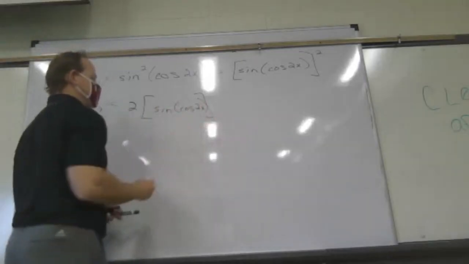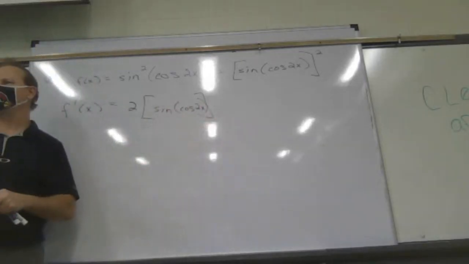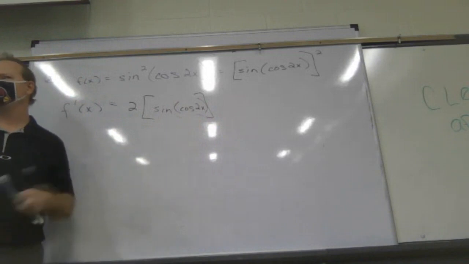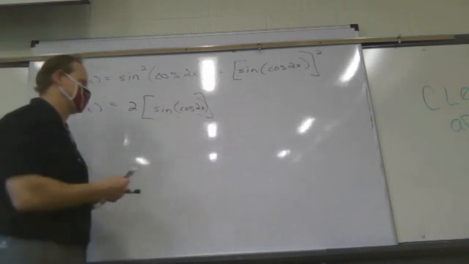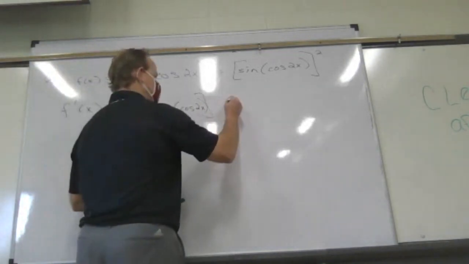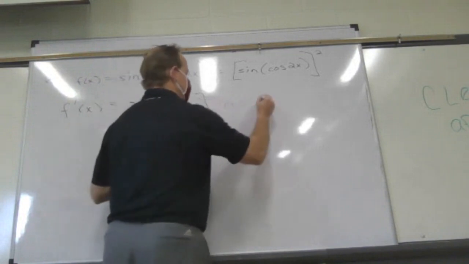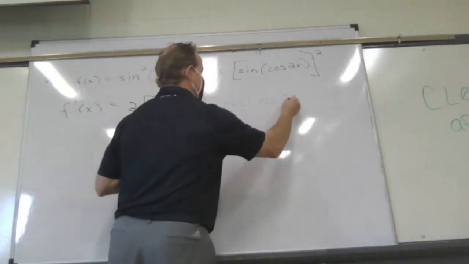The derivative of what's inside is sine of something. The derivative of sine is cosine of that something, so this is cosine of the cosine of 2x.